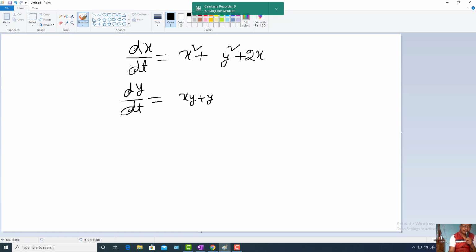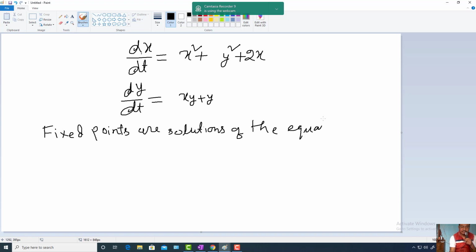Fixed points are solutions of the equations dx by dt equal to 0 and dy by dt equal to 0.